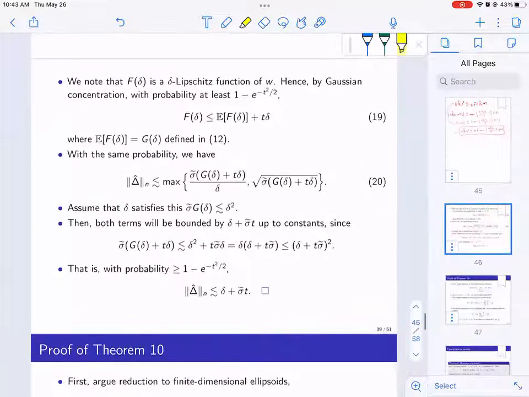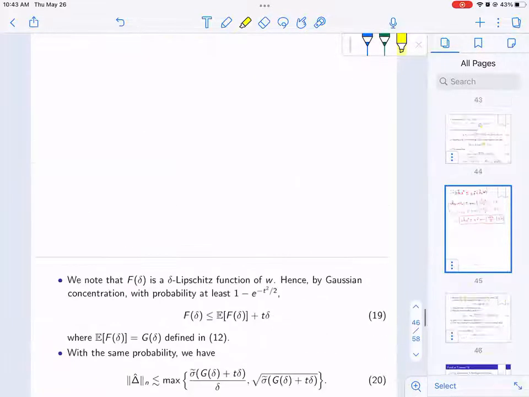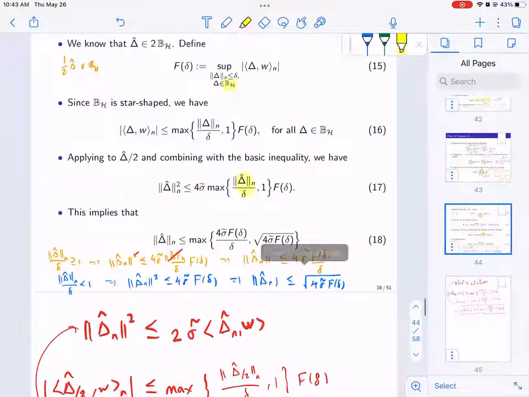Because we don't have time, I'm going to be a little bit quick here. So what you note is that f delta is a Lipschitz function of W. It's a delta Lipschitz function of this W, and W is a Gaussian vector. There are very powerful results for concentration of Lipschitz functions of Gaussian distribution.